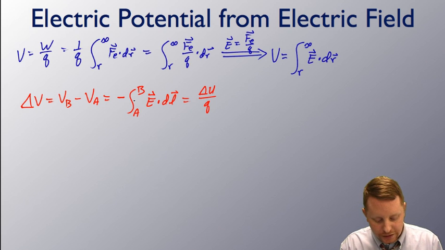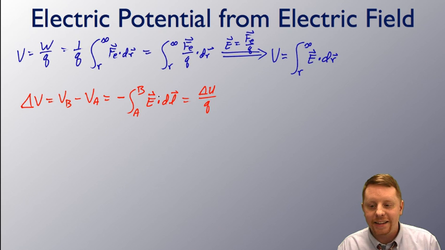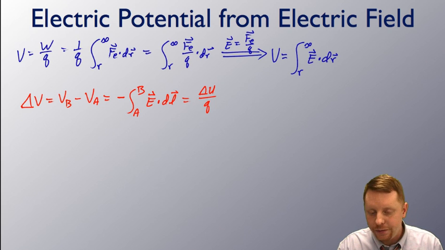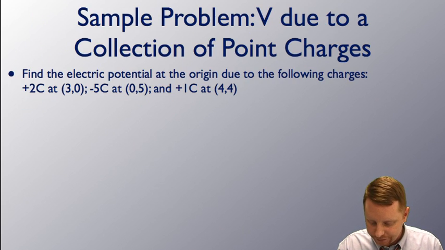So voltage is the opposite of the integral of E dot dl, which is the potential energy divided by that charge. Let's put this into practice with a couple sample problems now. See if we can tie all this together.